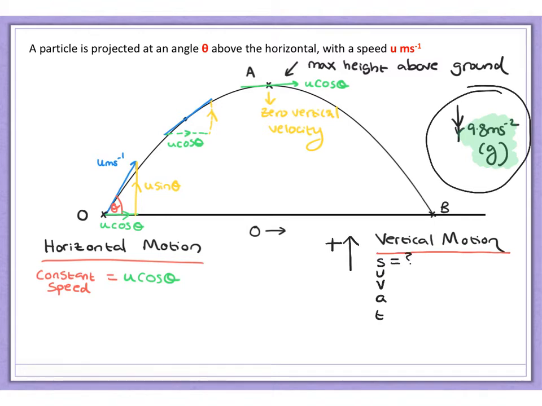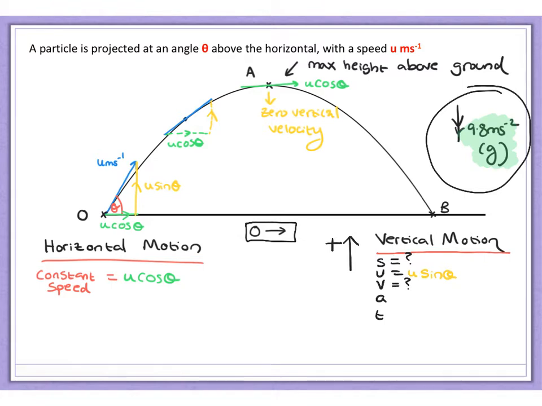So Suvat, if we're working vertically, s is a question mark. It's something we might have to calculate depending on which position we're travelling to. u is equal to our initial vertical velocity, which is u sine theta, assuming of course that all of the motion is starting from the origin in this particular example. v is a question mark.